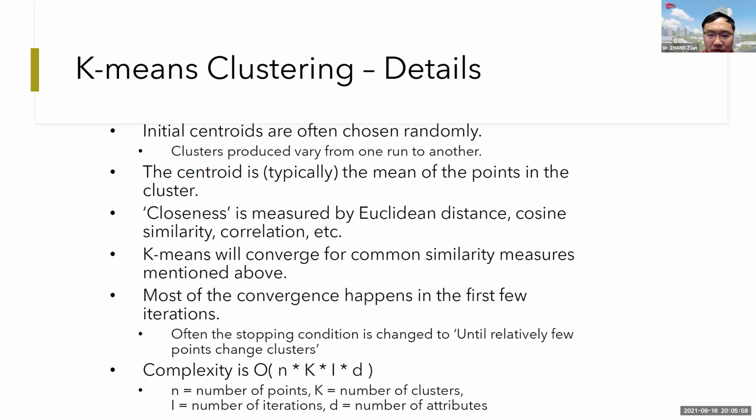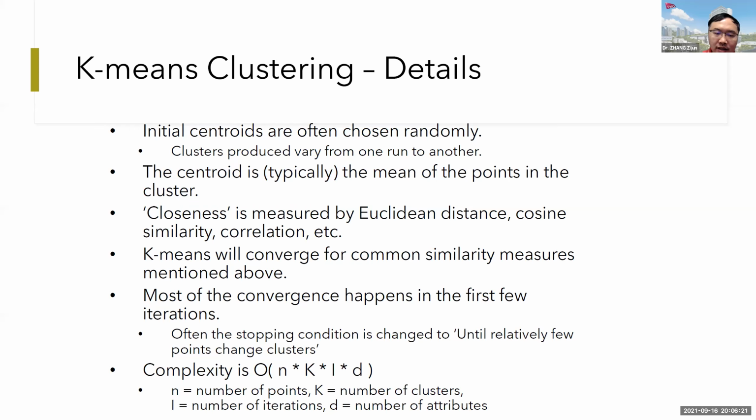For example, you can change the mean to the median, so you select the median of the points as the centroid. So you could make such changes. But typically we use the mean, because it's called k-means. Use the average.